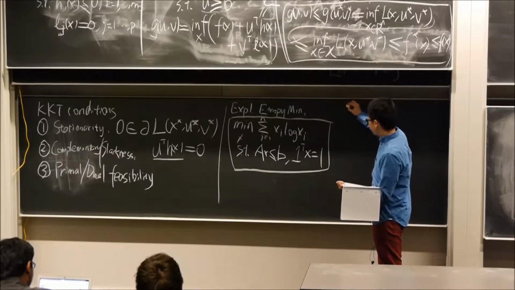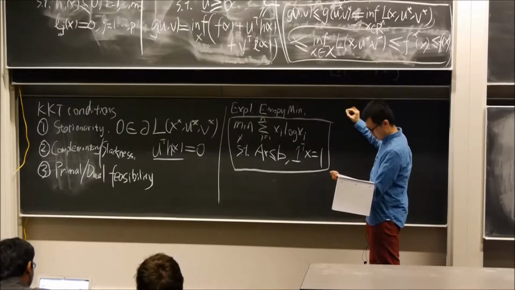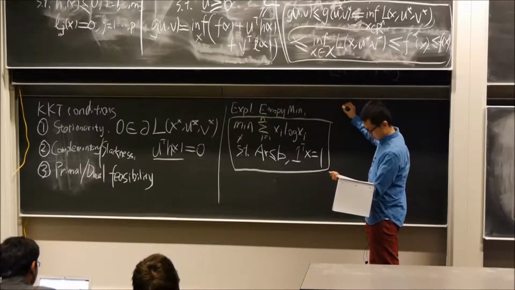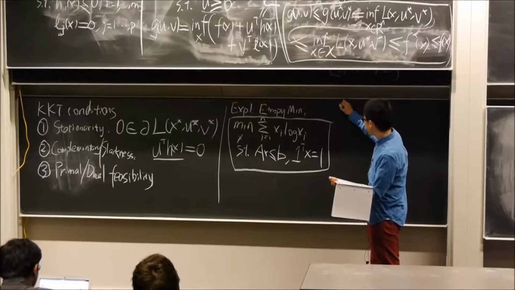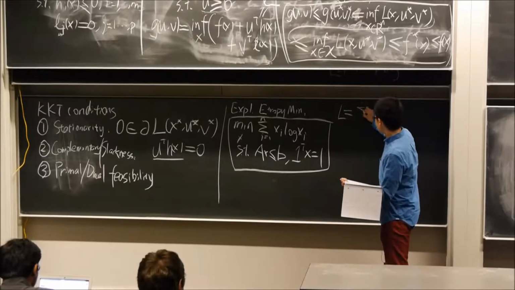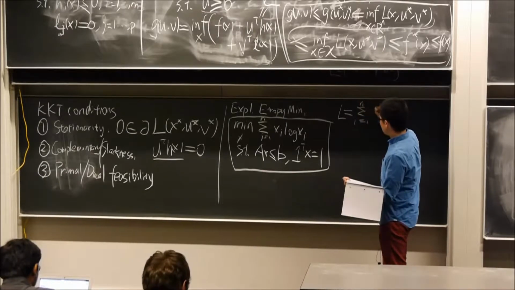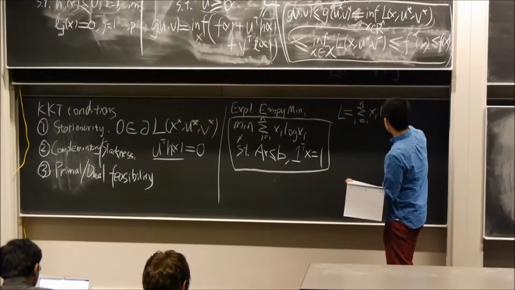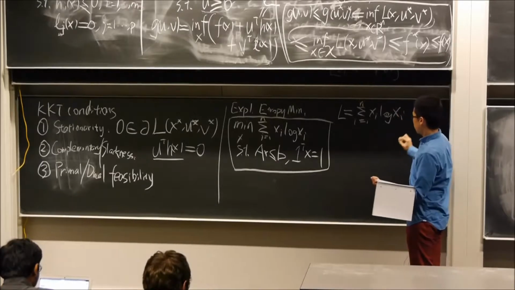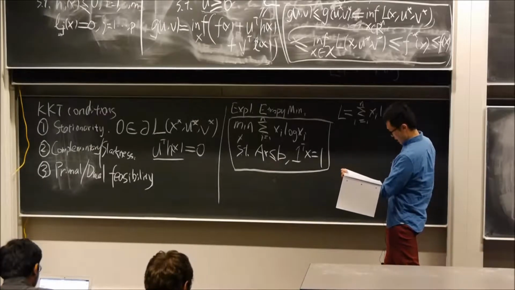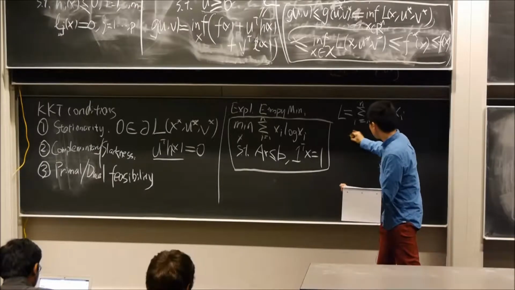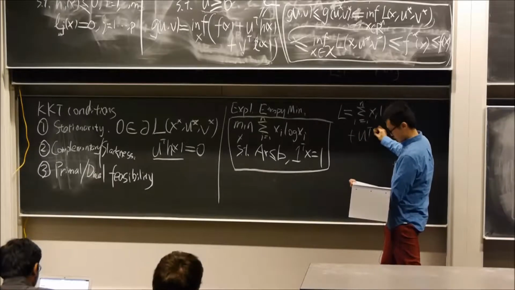So let's just derive the dual, and we'll follow the easiest way of doing that, by first writing the Lagrangian. I'll have two additional terms here.